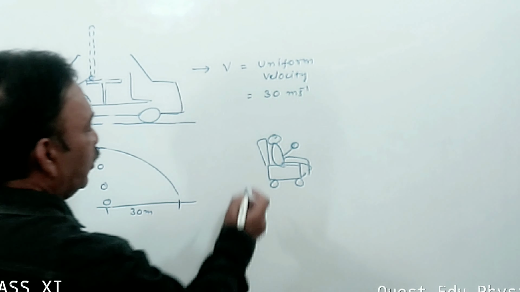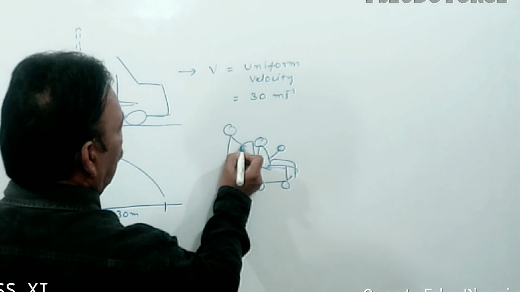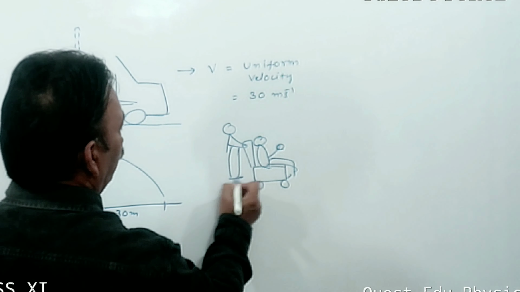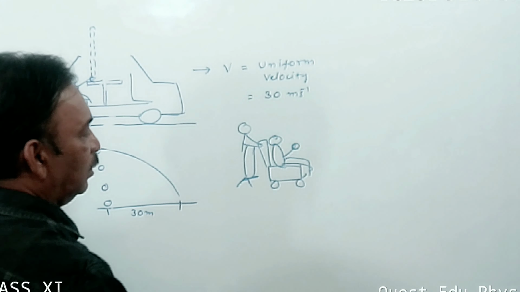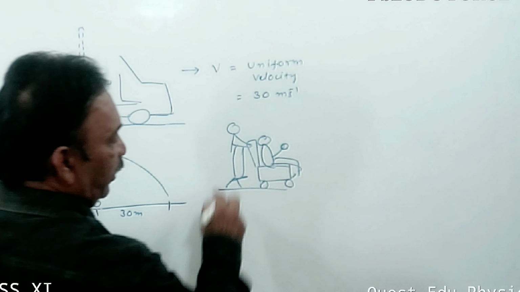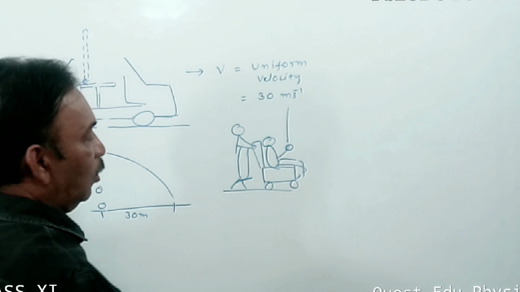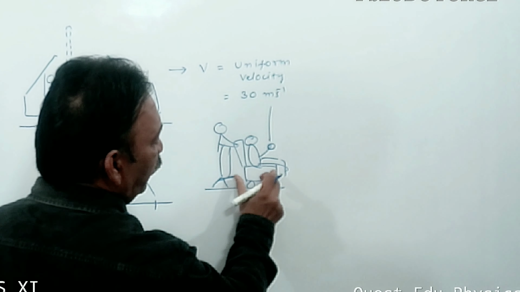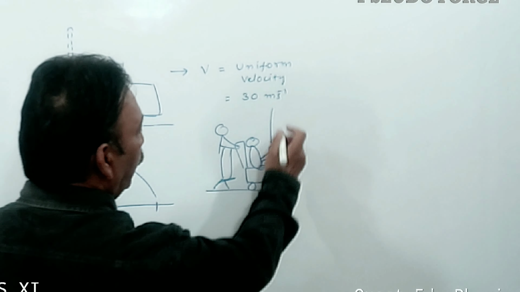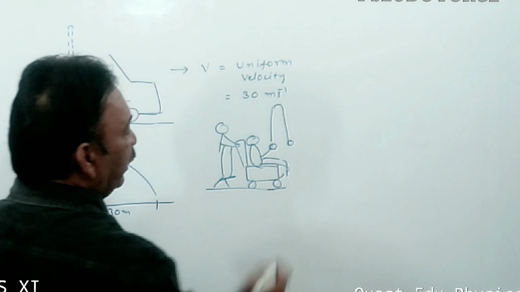Ask your friend to drag you, either forward or backwards. It is your friend, and you are throwing the ball. At the same time, he is also making you move with uniform velocity slowly. Then you can catch the ball again.